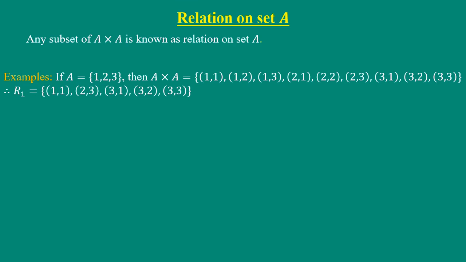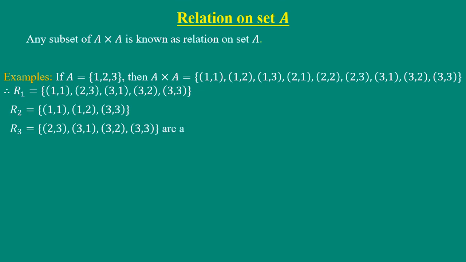And R2 is the set containing ordered pairs (1, 1), (1, 2), (3, 3). And R3 is the set containing pairs (2, 3), (3, 1), (3, 2) and (3, 3).